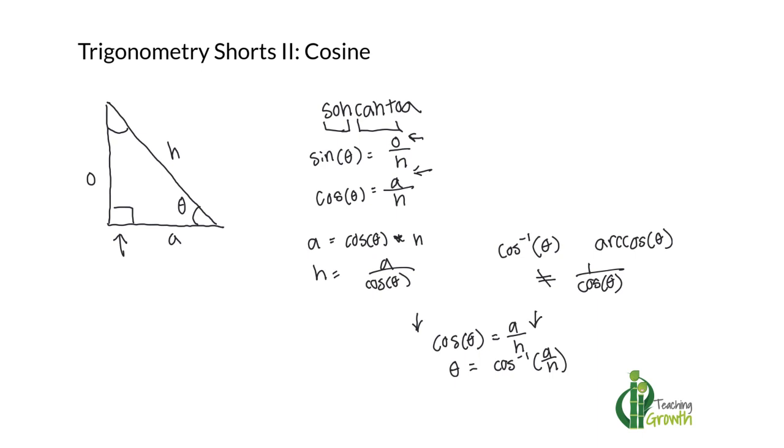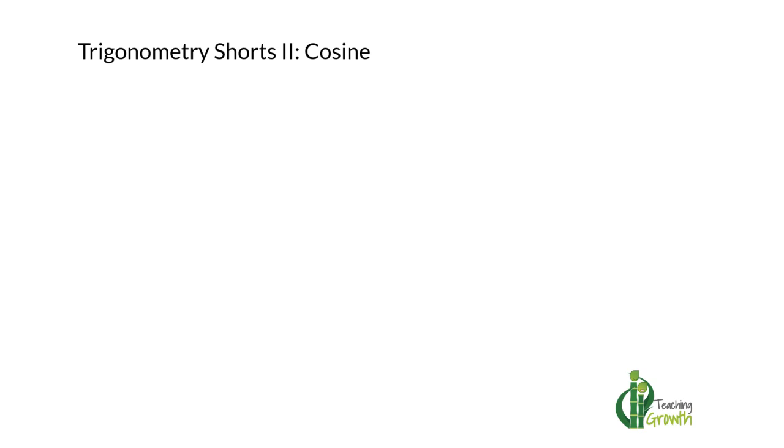Just like last video, I want to do a quick example. This time we're going to solve for an angle. We have our right triangle with our right angle and our angle theta, and we don't know what theta is.